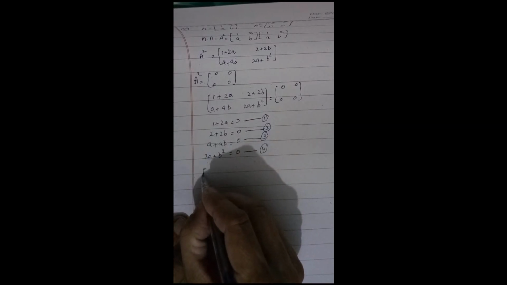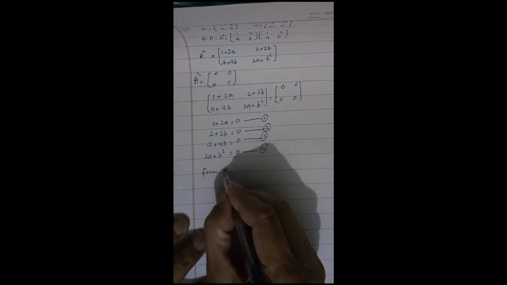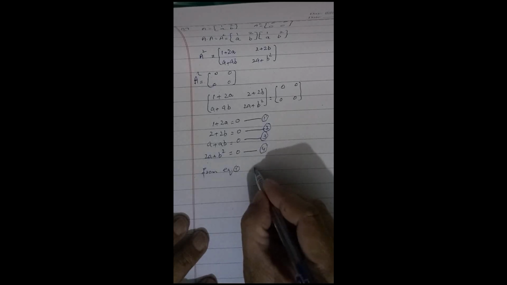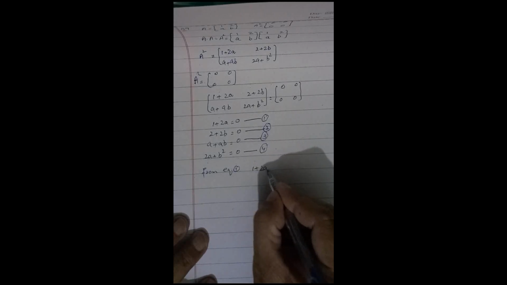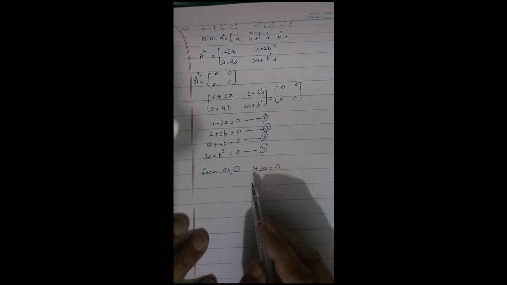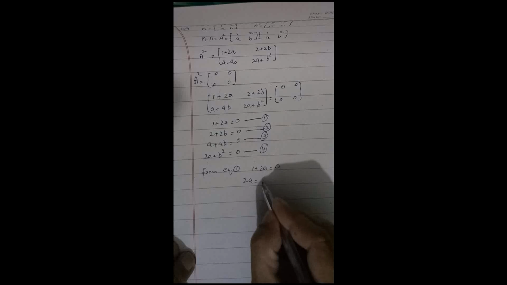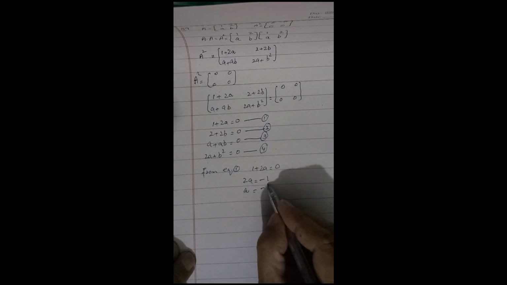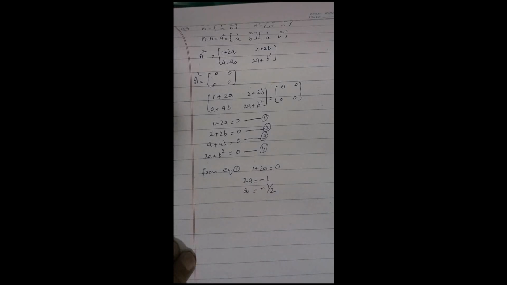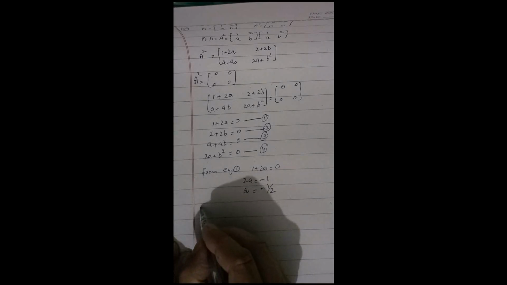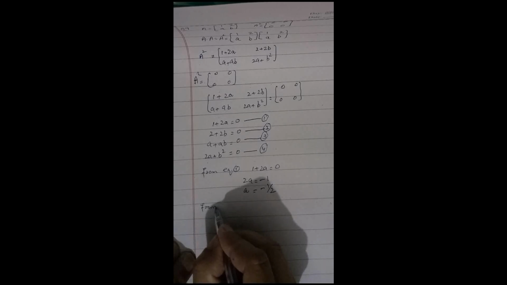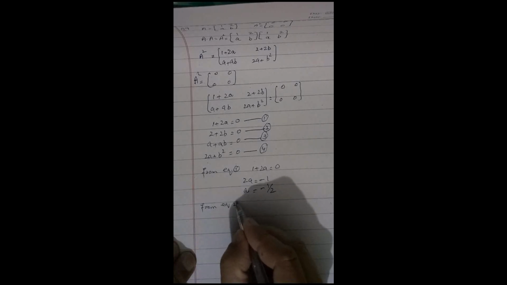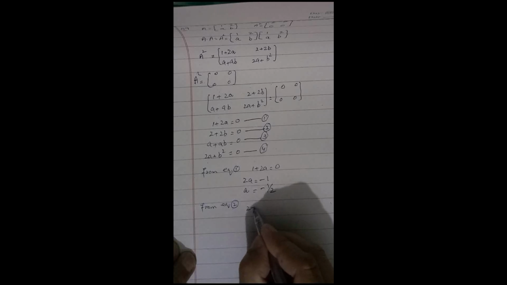Now from equation 1, we have 1 plus 2a is equal to 0. Shifting the 1 to the other side, we get 2a is equal to minus 1, and the value of a is minus 1 over 2. And from equation 2, 2 plus 2b is equal to 0.